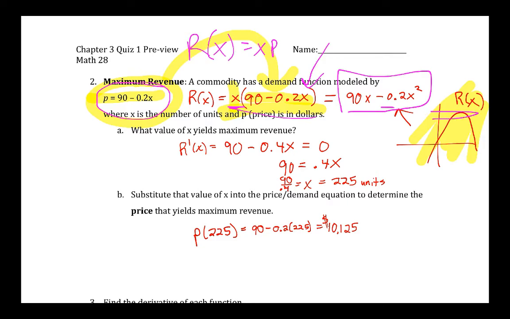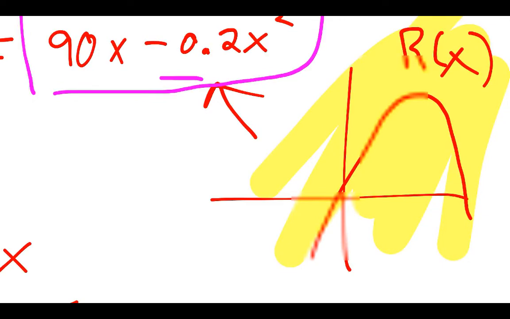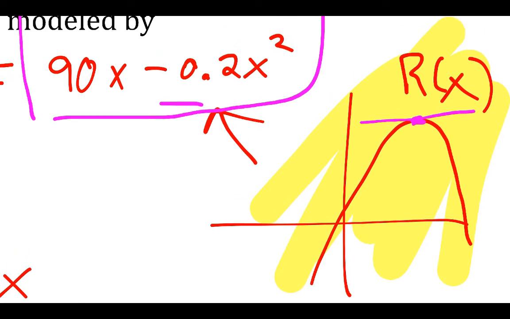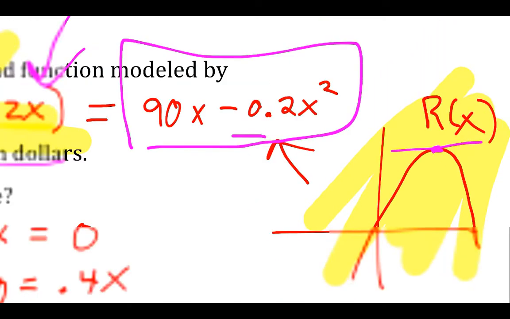One of the things we remember is that if you set the derivative equal to 0, it's going to indicate where a peak or a valley will occur. If you graph this revenue curve, there's only one place where I have a horizontal tangent, where the slope of the tangent line is 0. That means where my first derivative is equal to 0. It's at this peak. There is no valley.